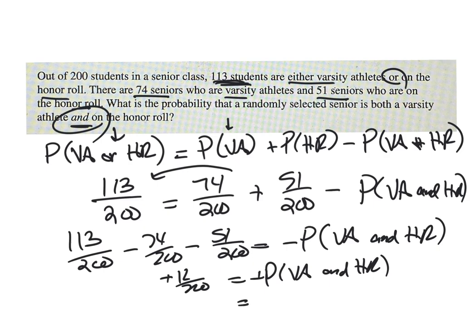And my answer is gonna be 3 out of 50, which is good enough. That was kind of a weird one. We actually had to use the formula to find an and instead of finding an or, which is what the majority of tomorrow we're just going to be doing, finding ors instead of ands. But I did want to show you sometimes you have to use the or formula to find an and. So there you go. We'll work on it like we always do. So close to the end. See you, bye.